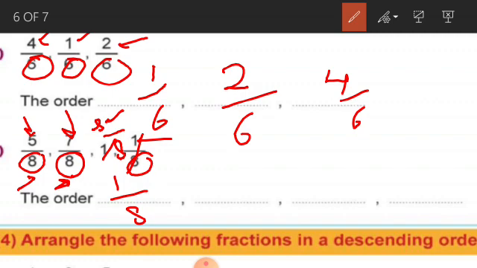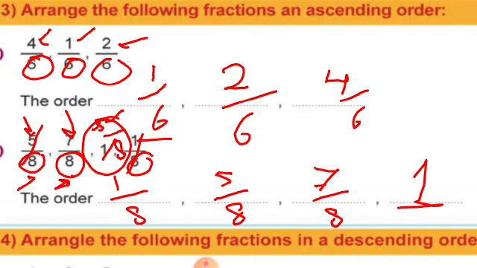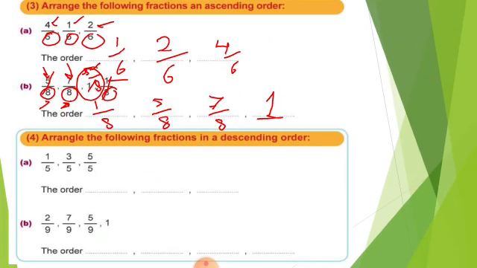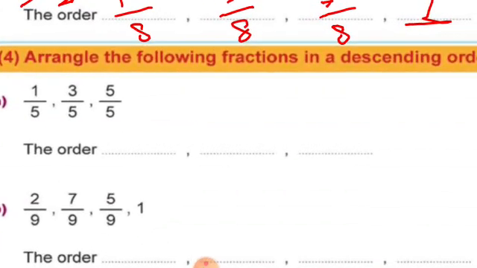Where's the next one? 5 over 8. Then the next one, 7 over 8. The biggest one, 8 over 8. The givens had 8 over 8 or 1. What did I convert 1 to? 8 over 8. Okay.